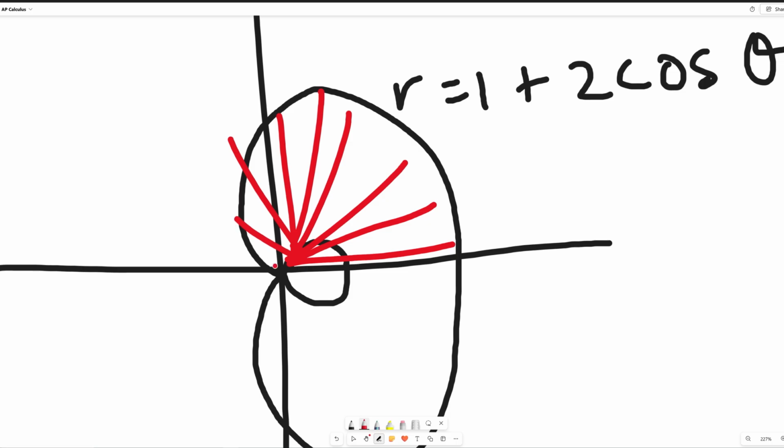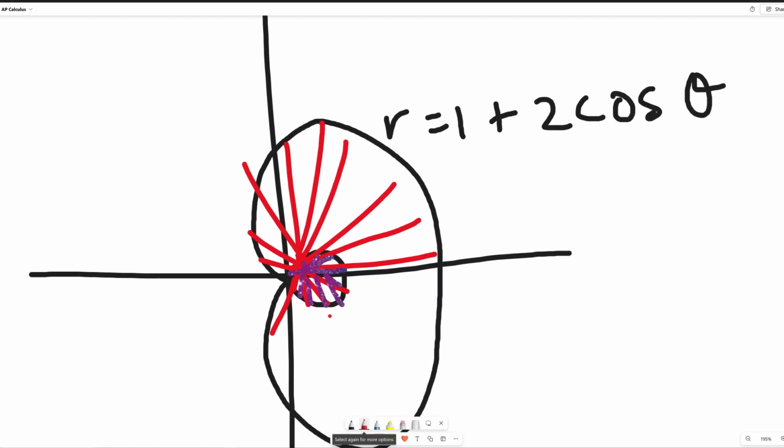But once you get to this point right here, it will start going like this, and then, I'm going to write with the blue, overlap over here, and then it will continue down, and then overlap over here.